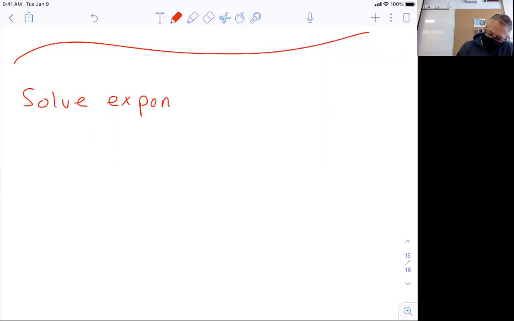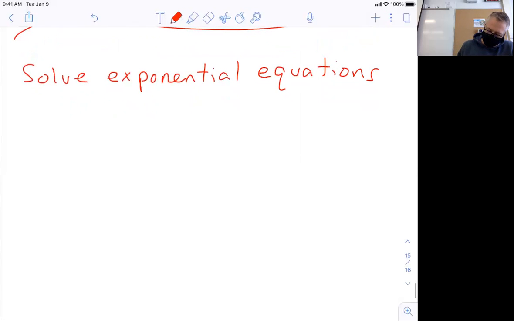We'll do a couple of these. An exponential equation means that the variable is an exponent. So this would be an example of an exponential equation.